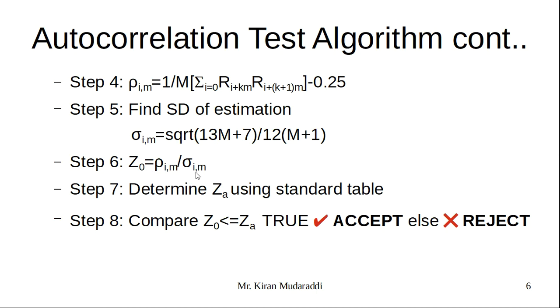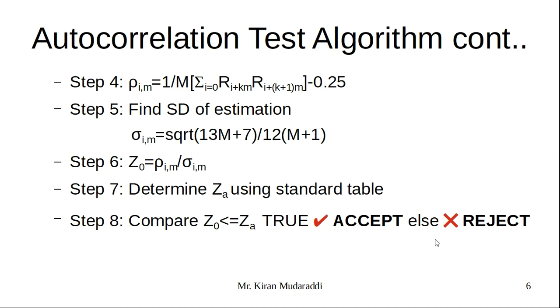Once you calculate z naught, the next step is to determine z alpha from a standard table, which will be given in the exam. Then you compare z naught with z alpha. If z naught is less than or equal to z alpha, then we accept, as there is no dependence between the numbers.